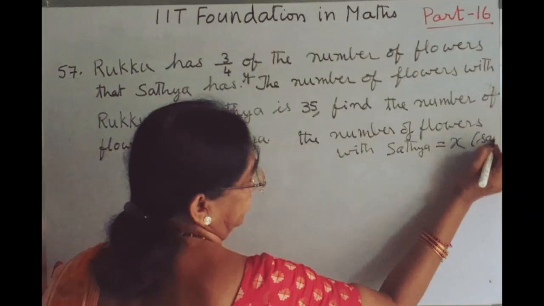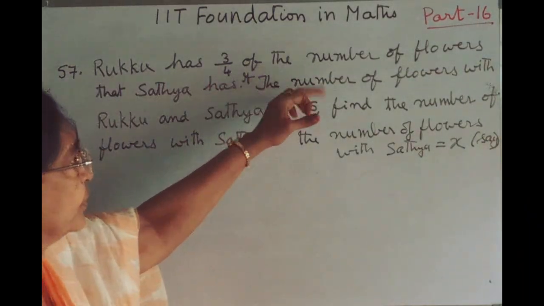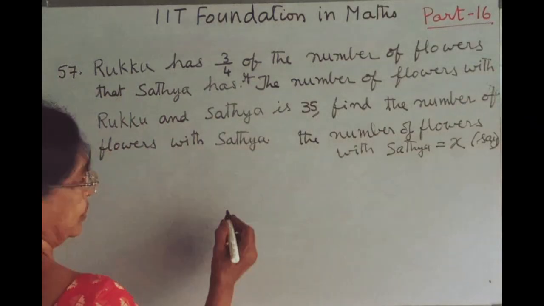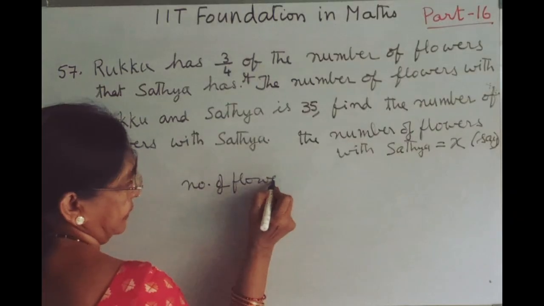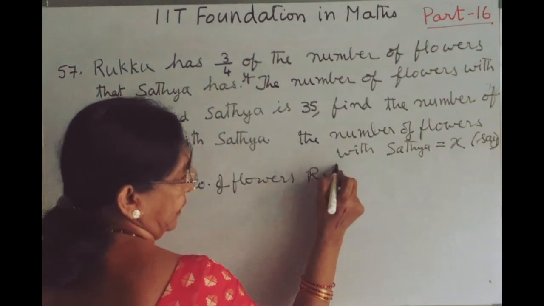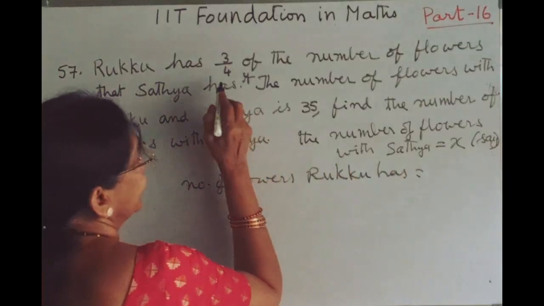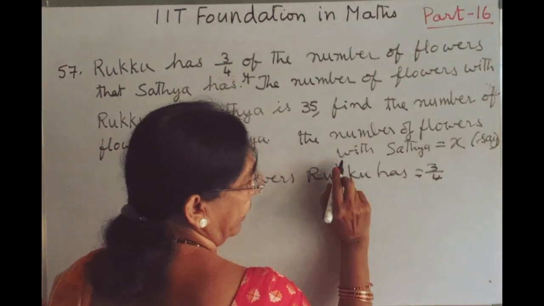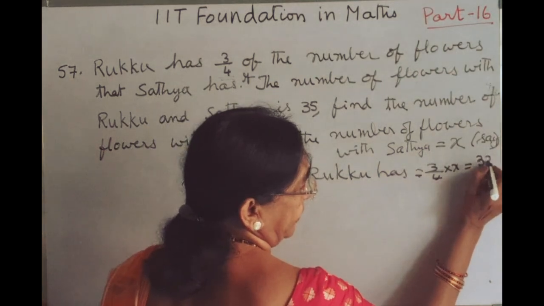Say Rukku has 3/4 of the number of flowers that Satya has. So number of flowers Rukku has is equal to 3/4 of the number of flowers with Satya, x, that is 3x by 4.